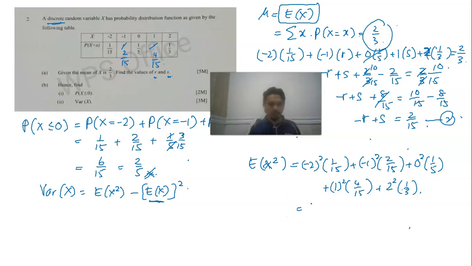According to this calculation, you may use a calculator, and it is going to give you expected of X squared equal to 2. Find it yourself.